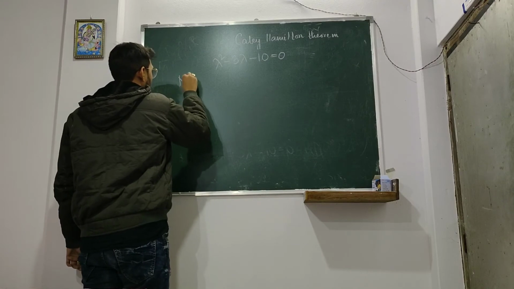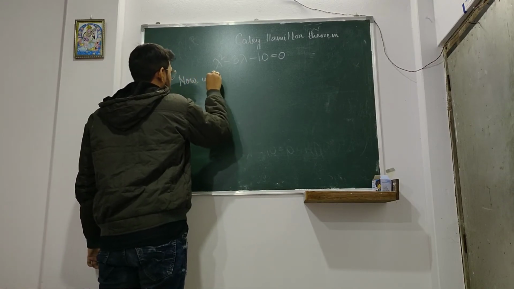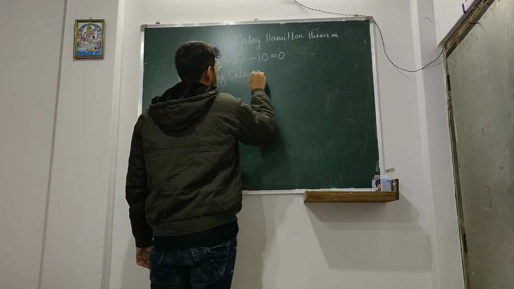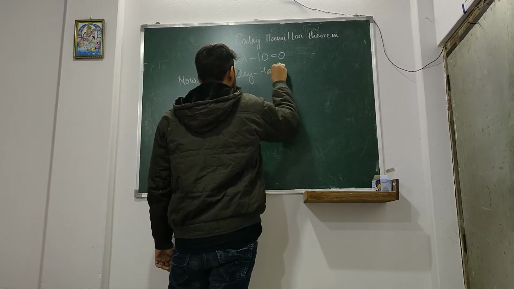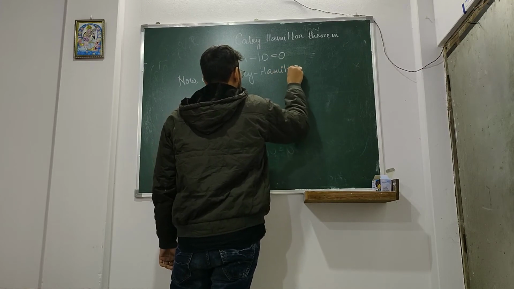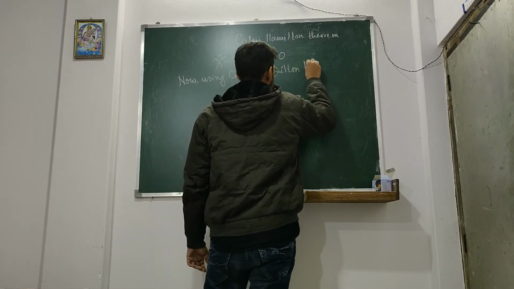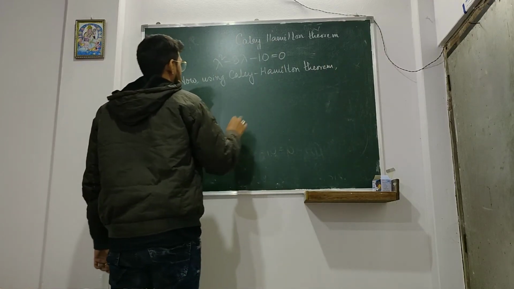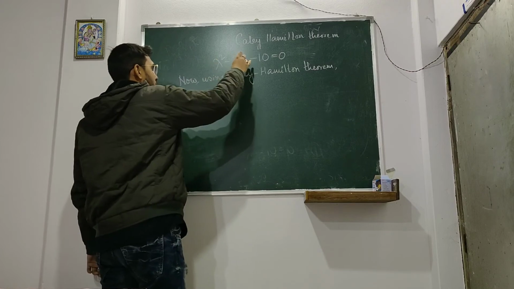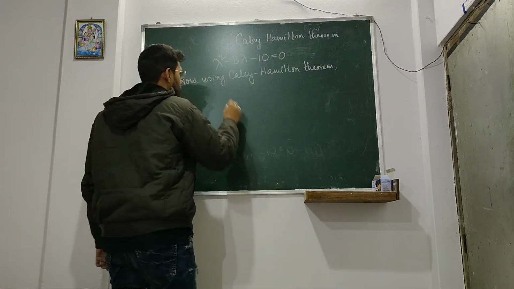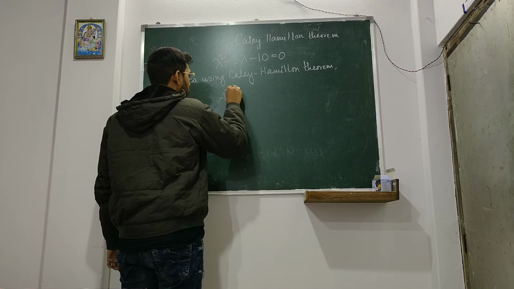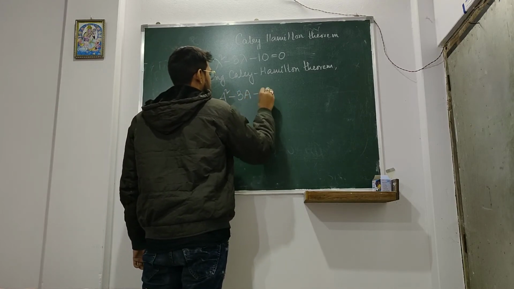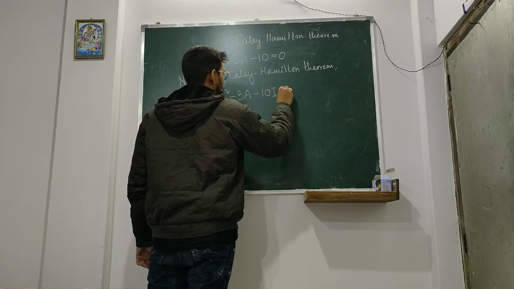Now, using the Cayley Hamilton theorem, we have to replace this lambda with A. So it will be A square minus 3A minus 10 into I equals 0.